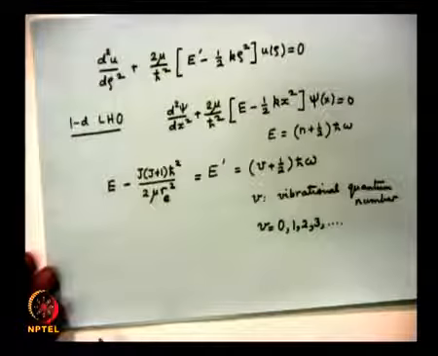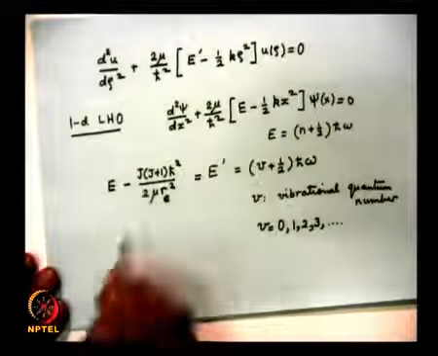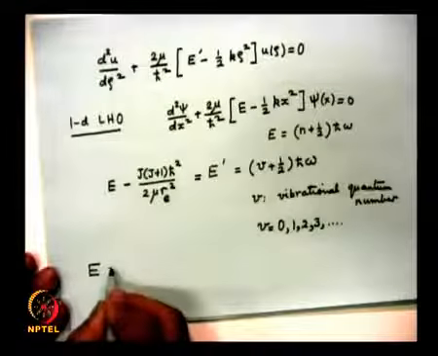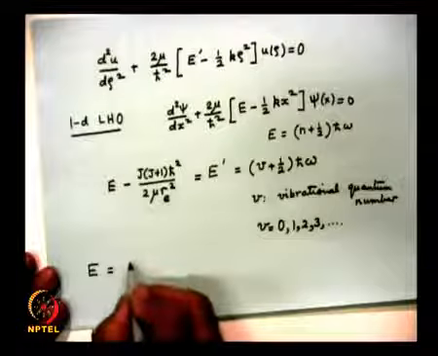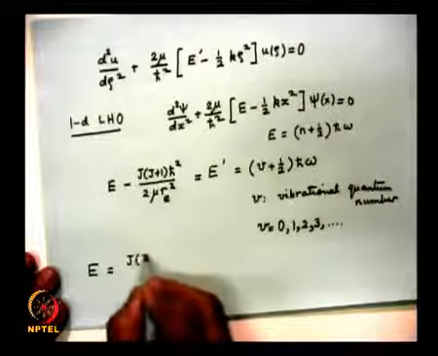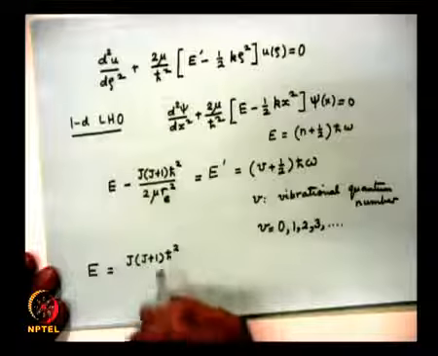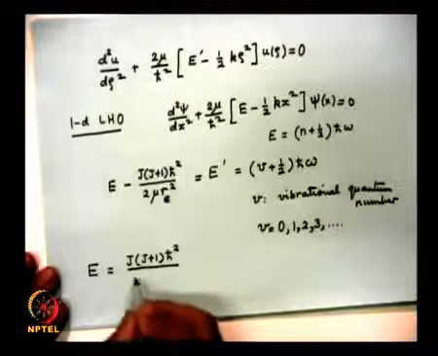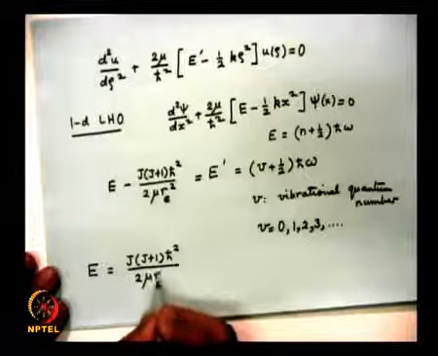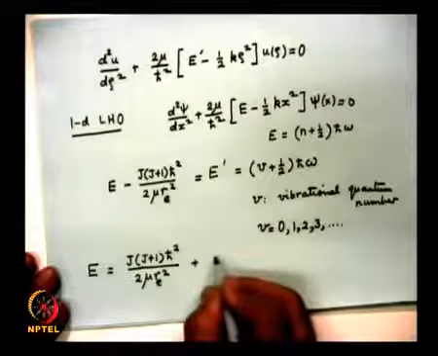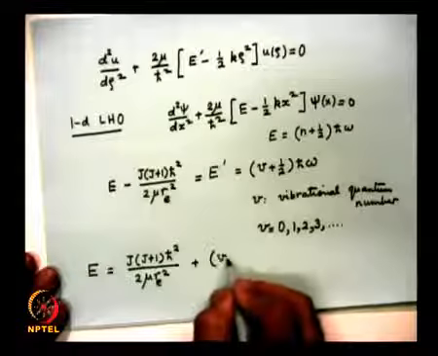So, the energy of the diatomic molecule will be represented as E, the rotational energy because of its angular momentum, j into j plus 1 h cross square by 2 mu r e square, plus the vibrational energy.